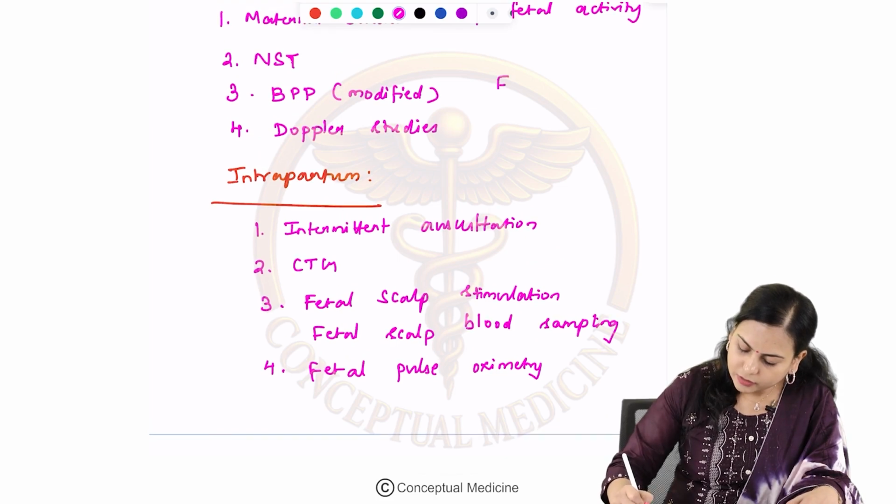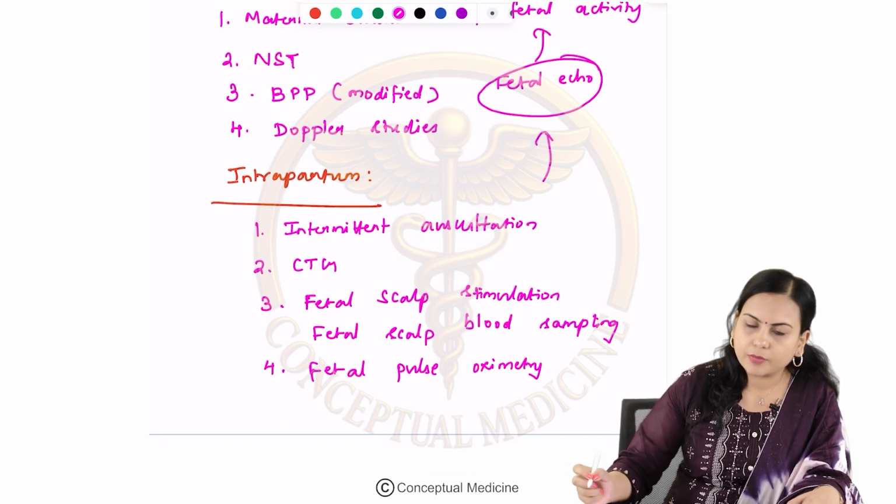We can also include fetal echo in the antepartum as well as the intrapartum period.